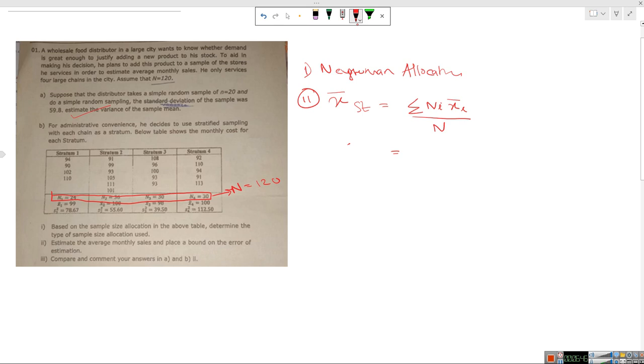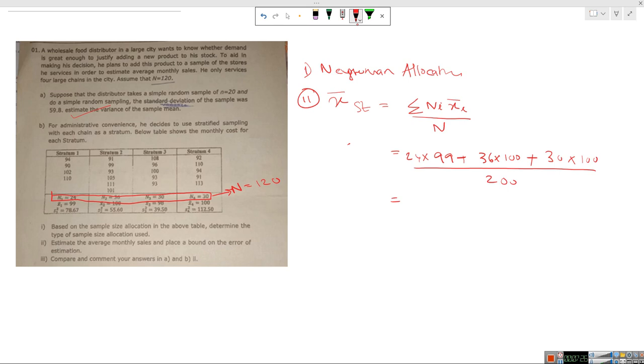Now Ni times Xi bar: 24 times 99 plus 36 times 100 plus 30 times 100 divided by 200.